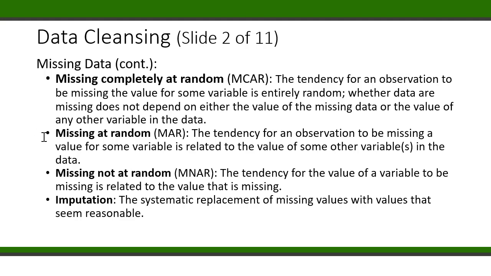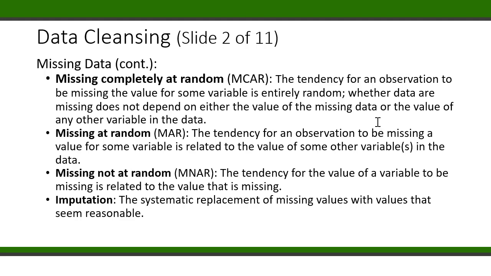Then there's missing at random. So this is where it's missing a value for some variable and is related to the value of some other variable. So it might be that somebody doesn't want to answer based on what their salary is. So if they got so far and they got to the salary question, then they intentionally leave it out.